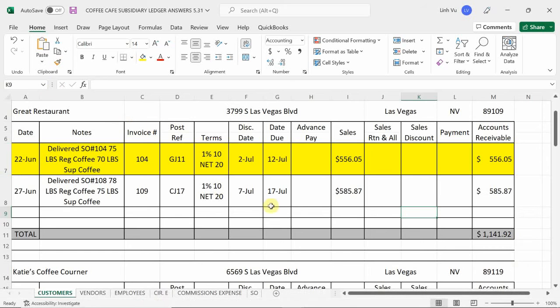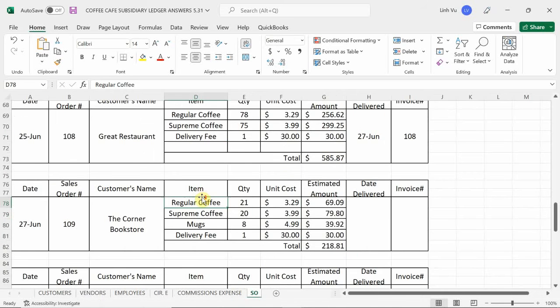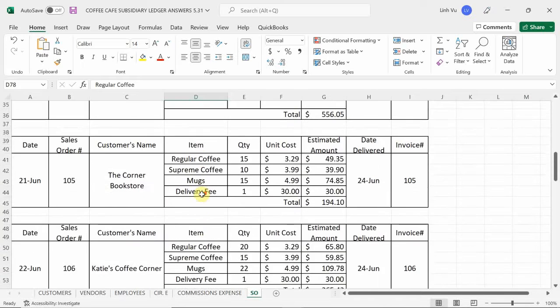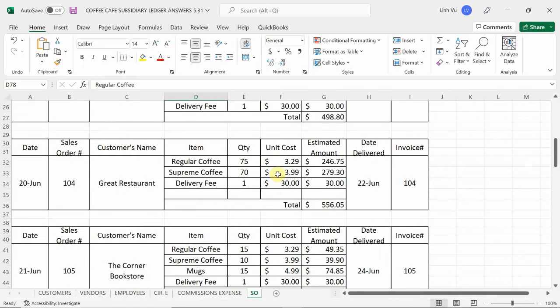But if you did not know it was $30, you can always look at your sales order. This was invoice number 104, and you can determine exactly what the actual invoice entailed. It entailed $246.75 and $279.30 without the $30 charge of the delivery fee.